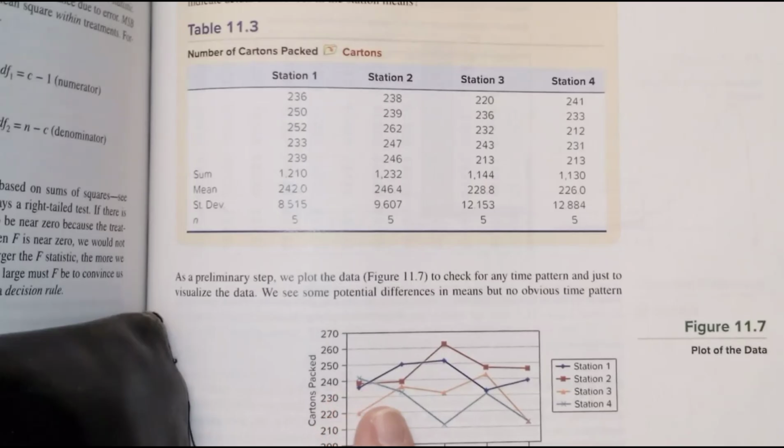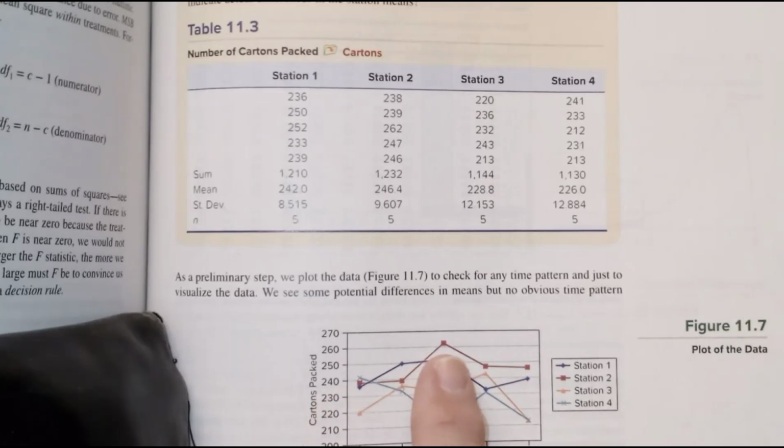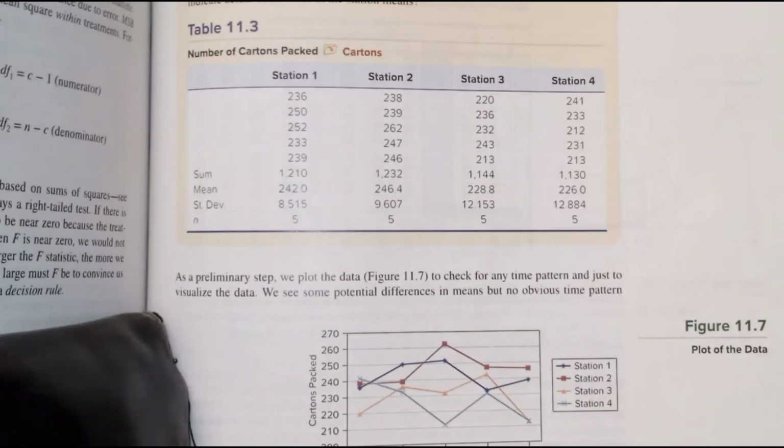Whatever was going on at station 4 had something bad happen in the middle of the week, but they started out better than station 2, and station 2 had a great middle of the week. I don't know. So maybe there's something going on here, maybe there isn't. If we see clear distinctions, like this curve is always on top, this curve is always on bottom, that would help. But these are crossing each other in a bunch of places, so I'm not sure that this helps me very much.